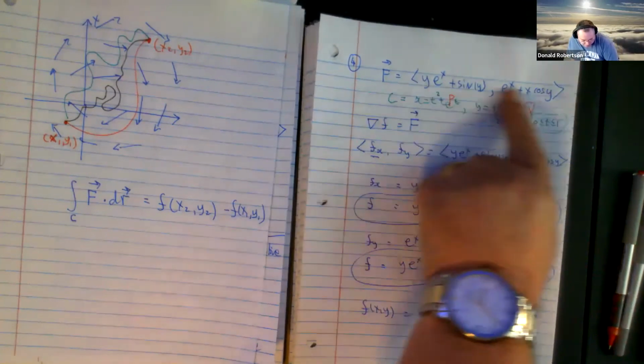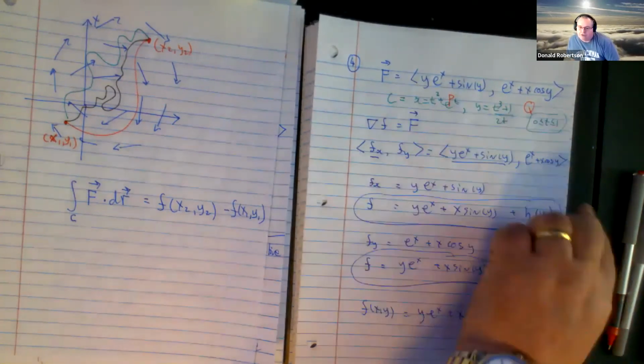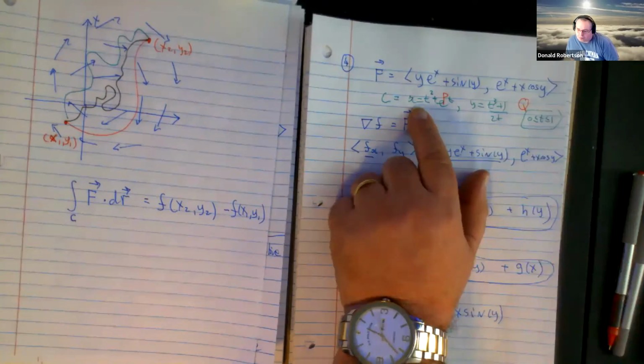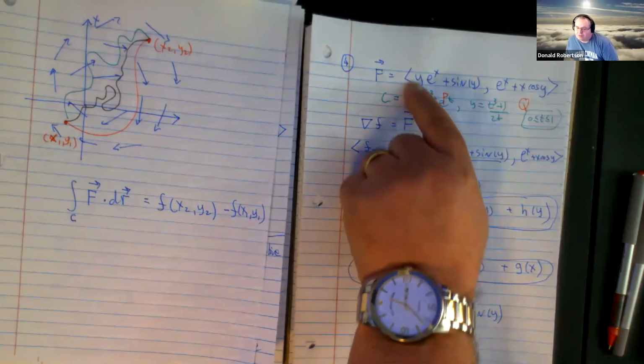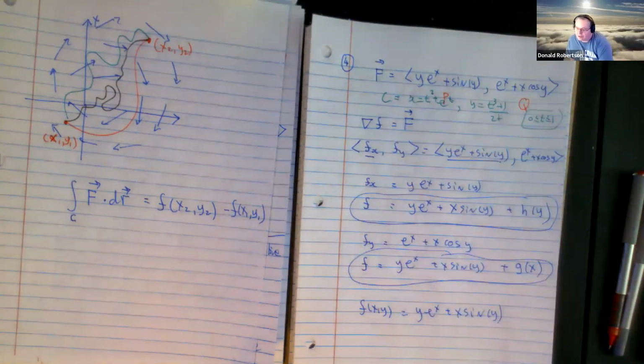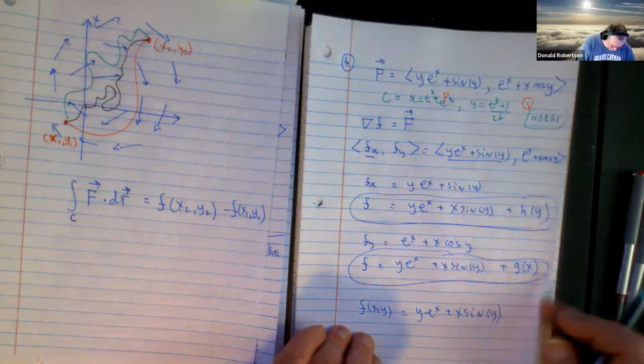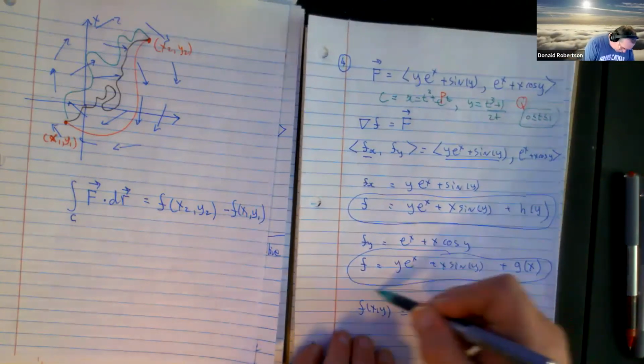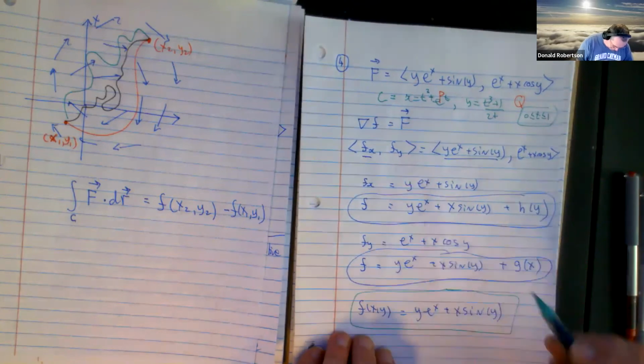Now, when you look at how ugly that function is, can you imagine how much trouble we would have converting everybody into t's and doing all this r dots and r dashes? Oh God, can you imagine how horrible that integral would look? Now, we already have solved the major part of the problem. We found out it was a conservative field, and this is our potential function.